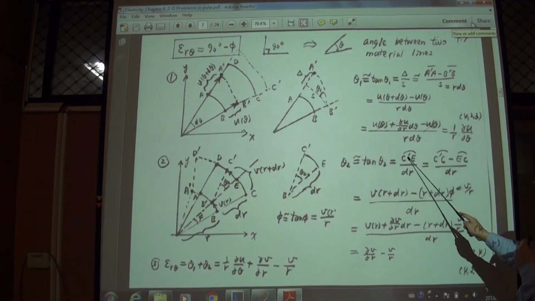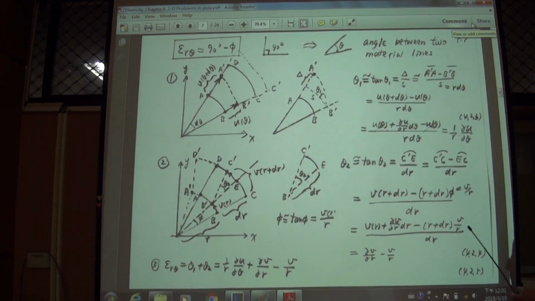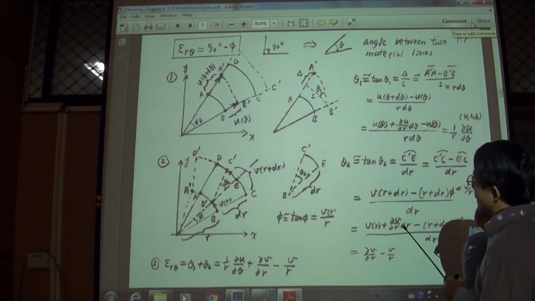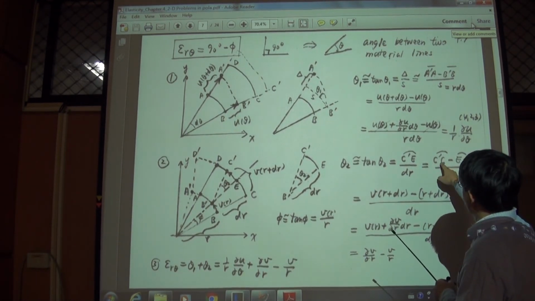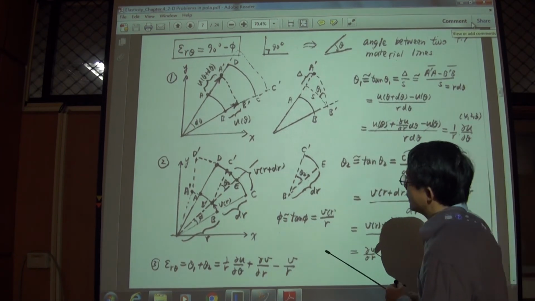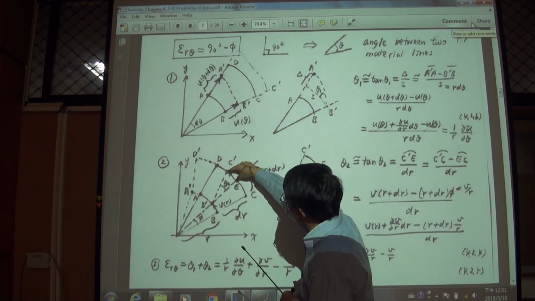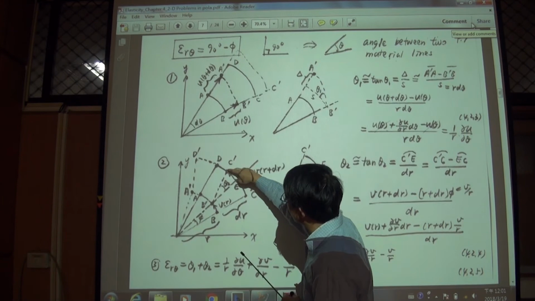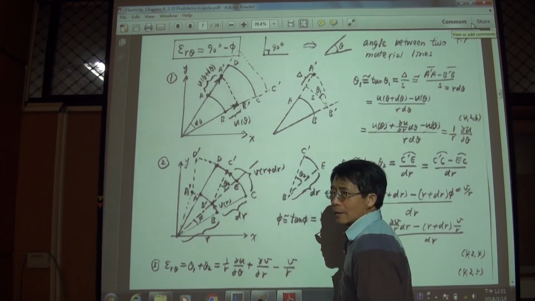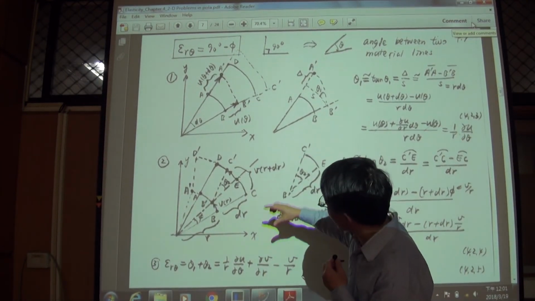Now, what is C'E? C'E is C'C minus EC. This length equals this big length minus this small length. Once again, let me do it again.